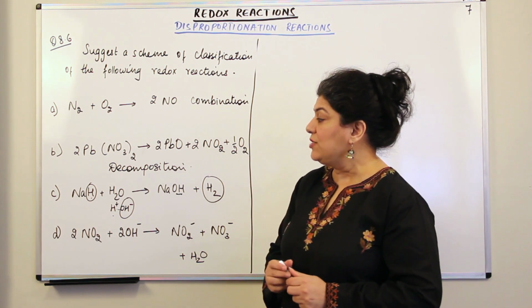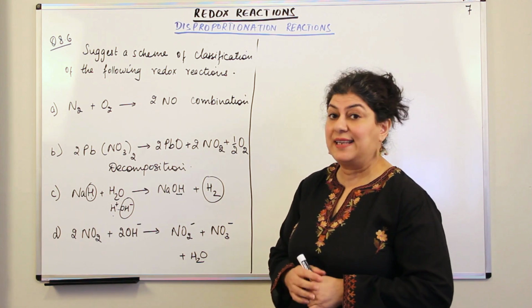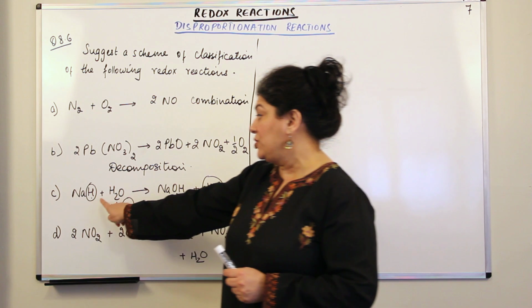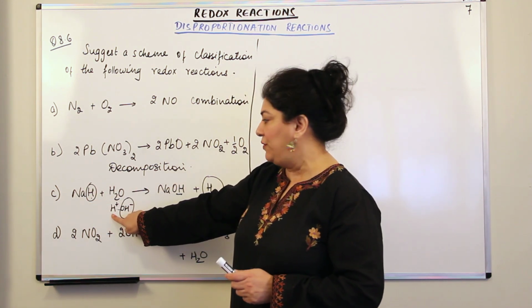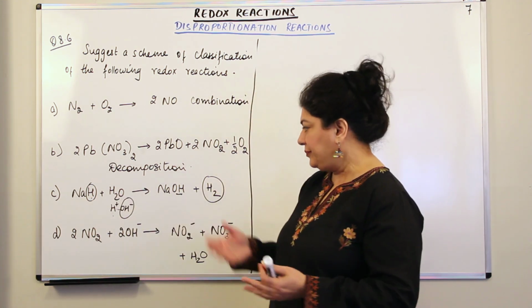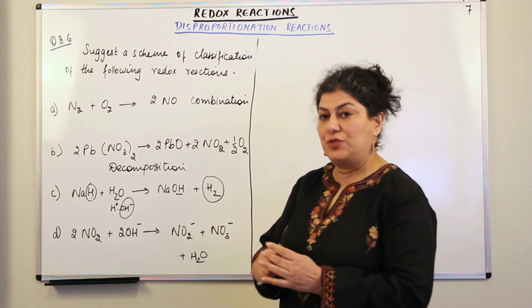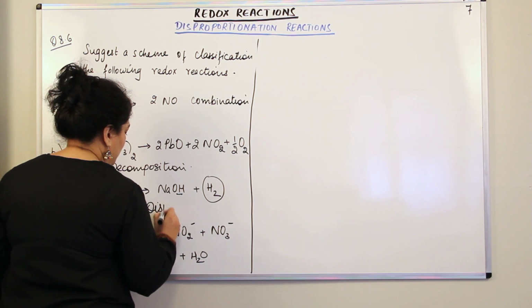In sodium hydride, sodium being an alkali metal has positive charge and hydrogen has a negative charge. So the charge on hydrogen is -1 here, and when it moves and combines with H positive here, the OH negative replaces the H negative. Therefore, what category of reaction would this be? This would be a displacement reaction. This is a displacement.